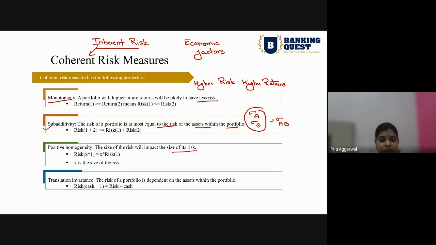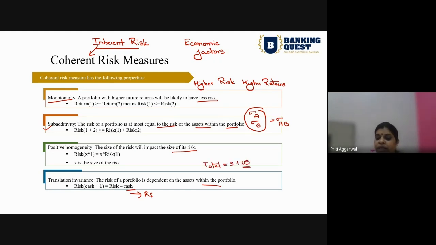Translation invariance says the risk of a portfolio is dependent on the assets within the portfolio, right? So if there is any cash in your portfolio, your total risk will be less by that cash. Why? Because there is no risk for holding the cash. This is something risk free. Out of my total risk, as we have already discussed, your total risk talks about two risks, that is systematic and unsystematic risk.